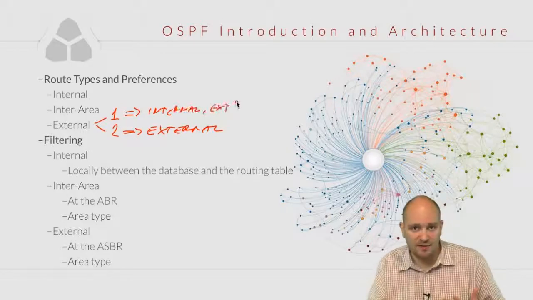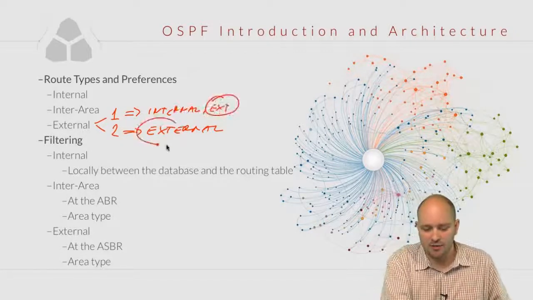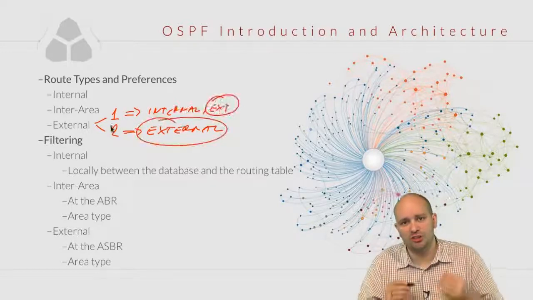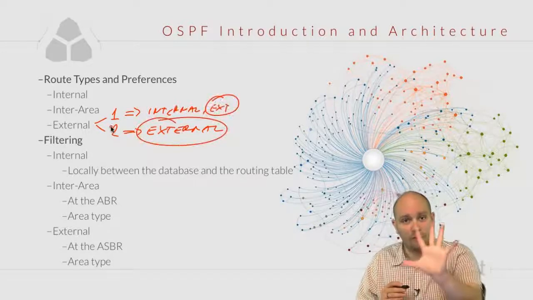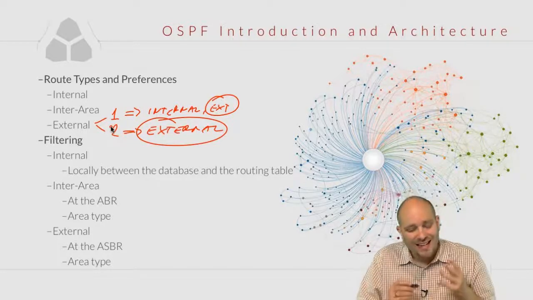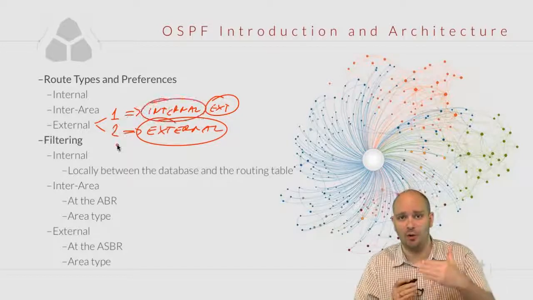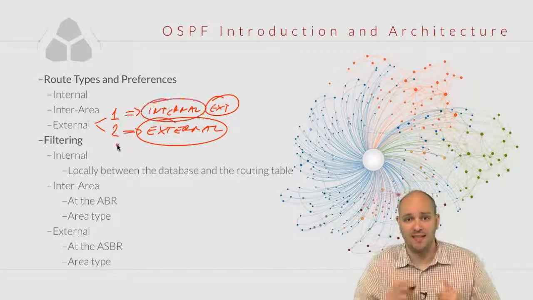External cost in this context is the cost to reach the external prefix from the ASBR that has redistributed this route. The internal cost is the cost from the router that is calculating the path to reach the ABR.